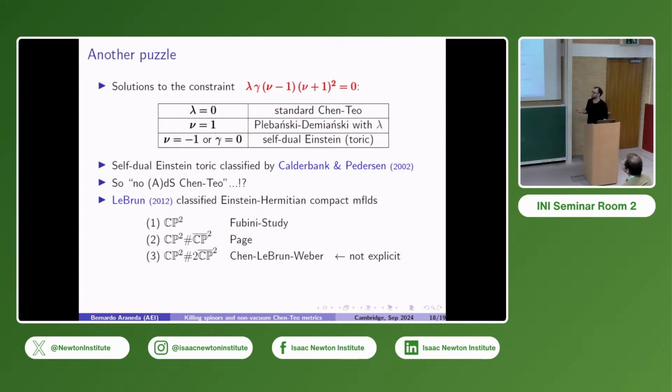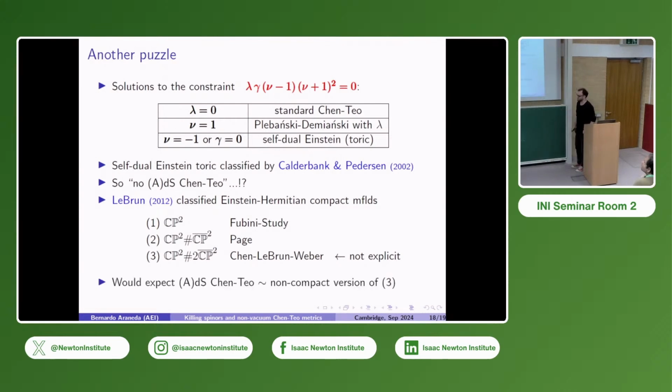And he proved that there are only three possibilities: the Fubini-Study metric, or different blow-ups of the complex projective plane. One is the Page metric, and the other is something called the Chen-LeBrun-Weber metric. And this I checked with Claude last week. It is actually not explicitly known. They prove that the metric exists, but it's not known explicitly.